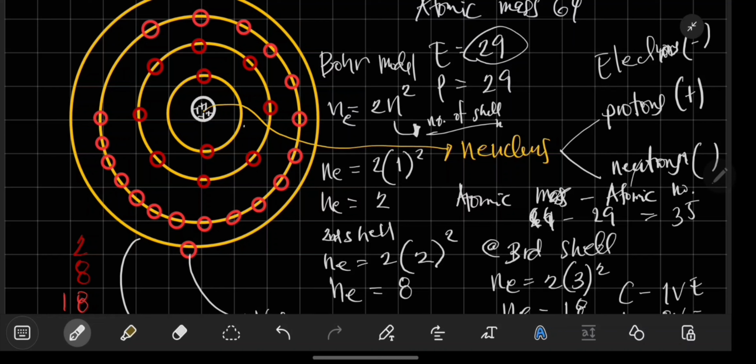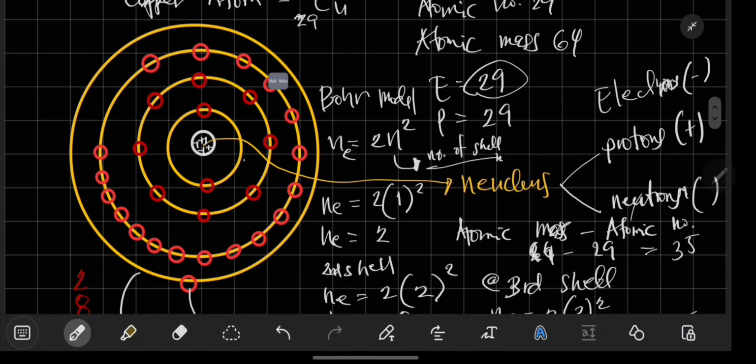Kaya hindi sila na-attract nung sun is dahil sa ine-exert nilang force, which is called a centrifugal force. Umiikot kasi ito ng mabilis yung mga electrons dito sa orbits.